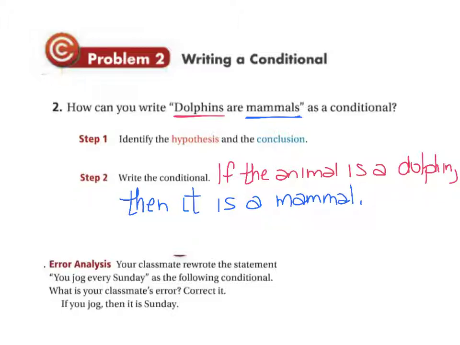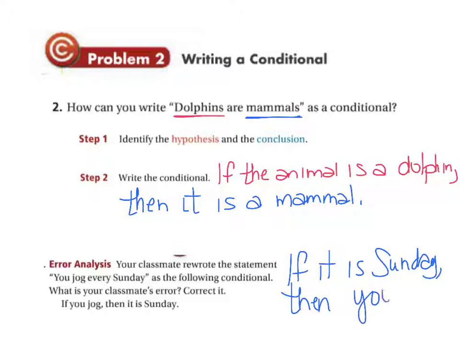If I'm jogging every Sunday, I would rather it say, if it is Sunday, then you jog. It does not always go in the same order as it's read. So you have to understand what the intention of the statement is before you turn it into a conditional.